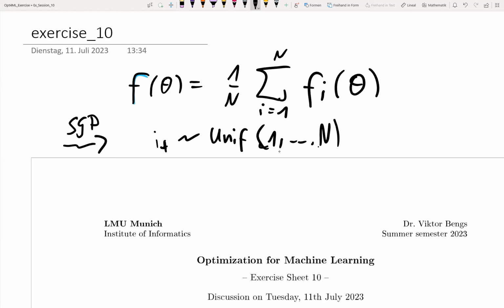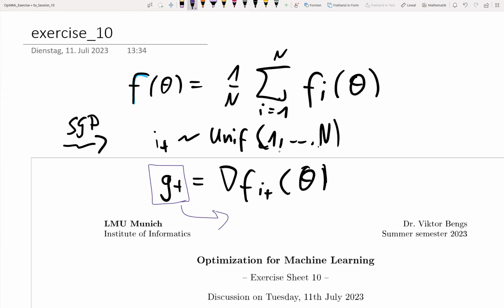till n uniformly at random, and then we simply set as our gradient the gradient at that f_i realization. This is the gradient we use for the first order method.